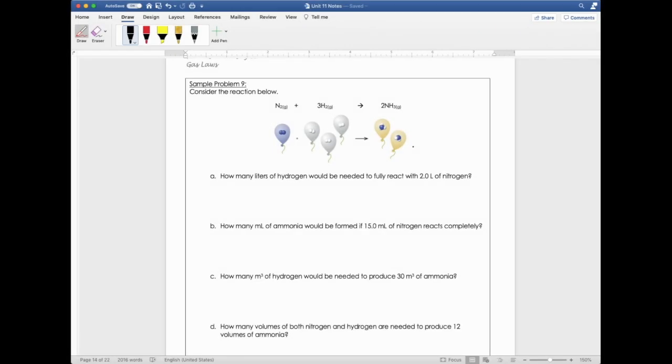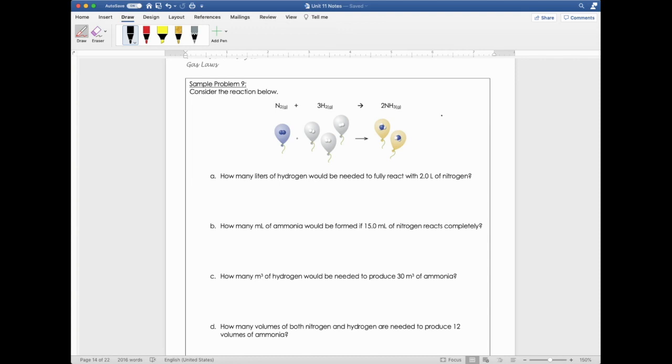All right, so we are going to work strictly with Avogadro's law first, and we're going to be working with volumes of gases. I think this is really important in general and especially in AP chemistry.